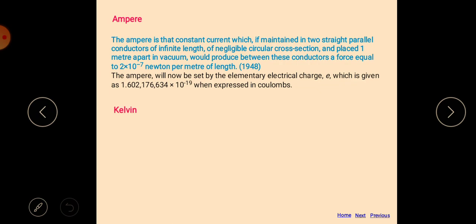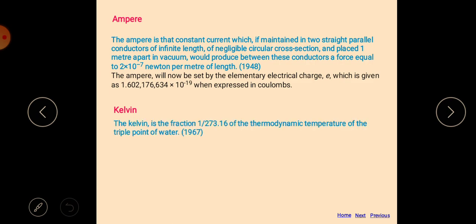Kelvin, this is the unit of temperature, and it is defined as the fraction 1 upon 273.16 of the thermodynamic temperature of the triple point of water. Now, what is the triple point of water? It is again a new term to all of you. This is the temperature at 1 atmospheric pressure when the three states of water coexist.